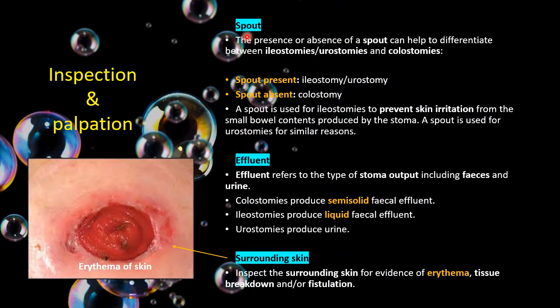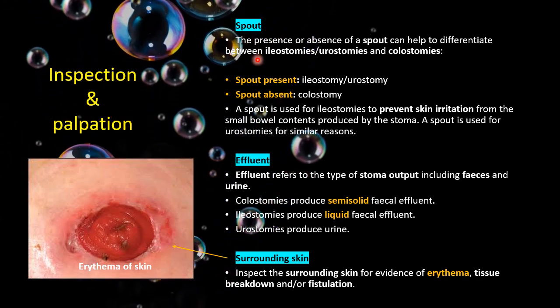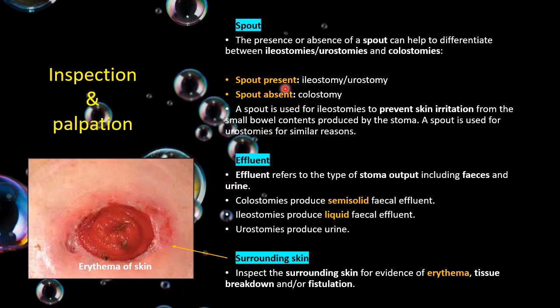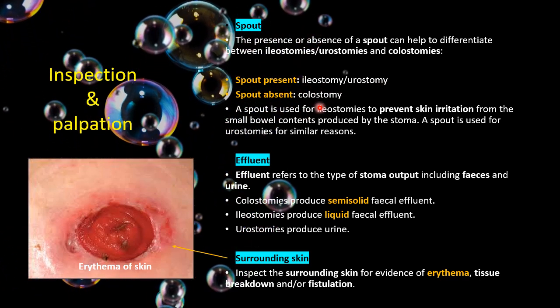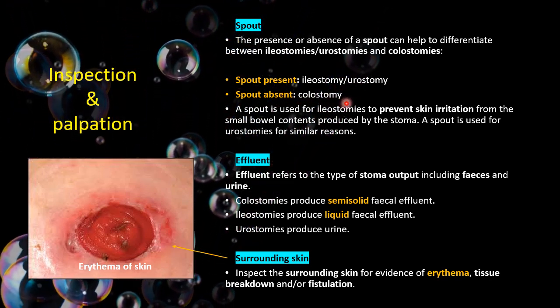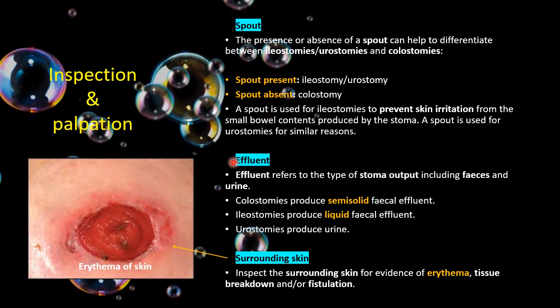Then you look at the spout, whether present or not present, to differentiate between ileostomies, urostomies, and colostomies. Spout present, it's either an ileostomy or a urostomy. Spout absent, it is most likely a colostomy. Then the nature of the effluents.